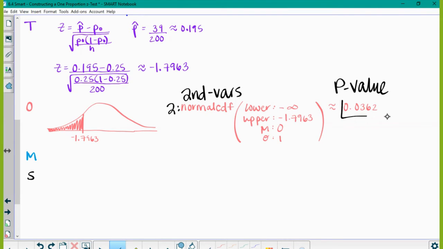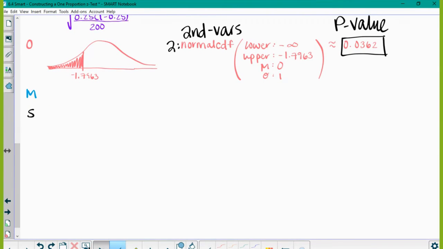If the population at this admin school of students with part-time jobs was 25%, then the chance of her picking the sample that she did, those 39 out of 200 students, the chance of that happening is 3.62%. Really, really small. Now, anytime we dip below 5%, that's when things get suspicious. So I have 0.0362 is less than 0.05.